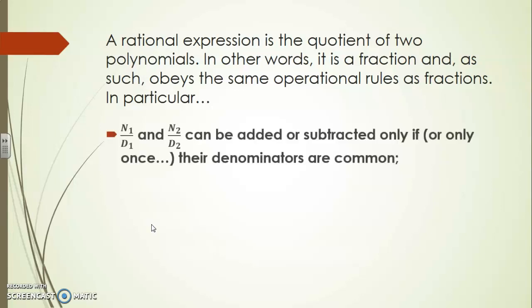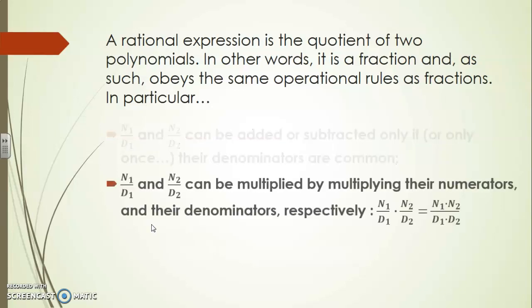In particular, the rational expressions n1 over d1 and n2 over d2 can be added or subtracted only if their denominators are common. The same two rational expressions can be multiplied by multiplying their numerators and their denominators respectively.